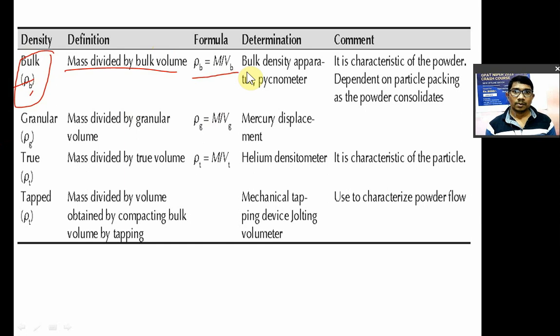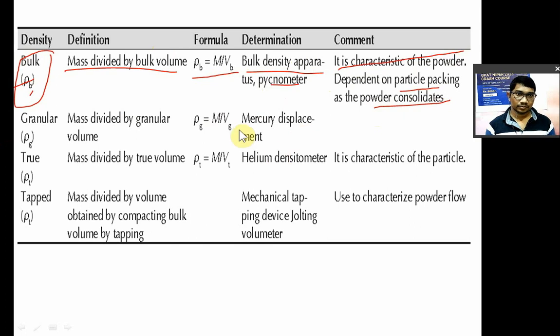Determination of bulk density: there is a bulk density apparatus known as a pycnometer, or helium pycnometer. It is a characteristic of powder and depends on the particle packing as the powder consolidates.